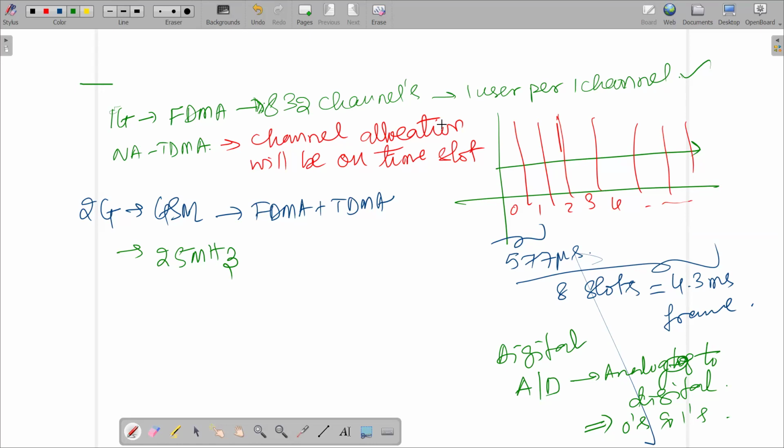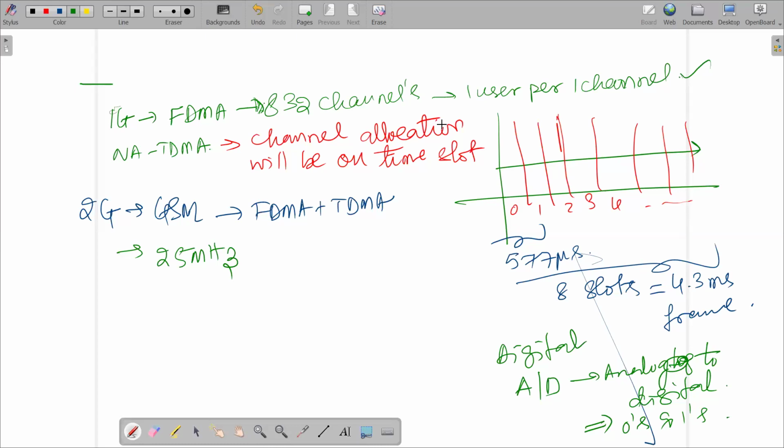A series of stream will be added, extra bits are added, so we call it interleaving. Voice bits will be there, and along with those, interleaving bits will be added to make it a little complex, so that if anybody wanted to catch the communication, they cannot catch it easily.